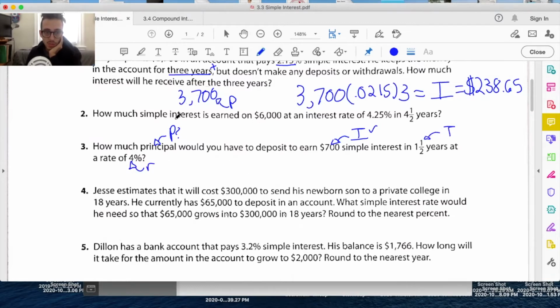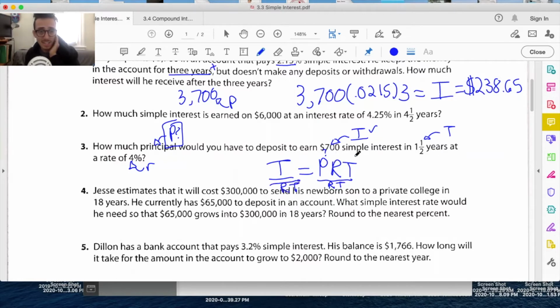So we're solving for P. I know that this is initially interest equals principal, rate, time. I'm solving for P, so I would want to divide both sides by RT, and that should get me there.